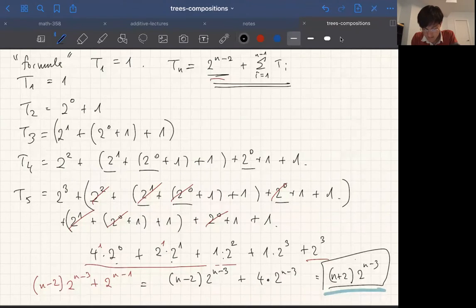This recurrence, so 2 to the n minus 2, what could those be?